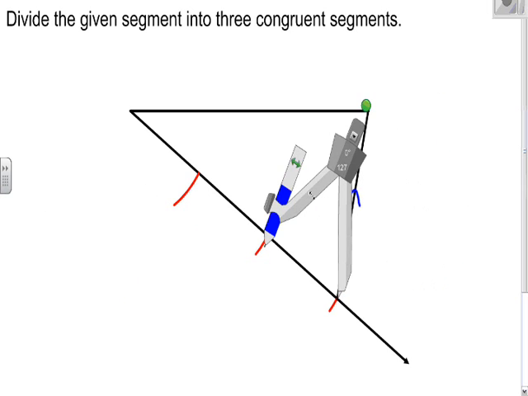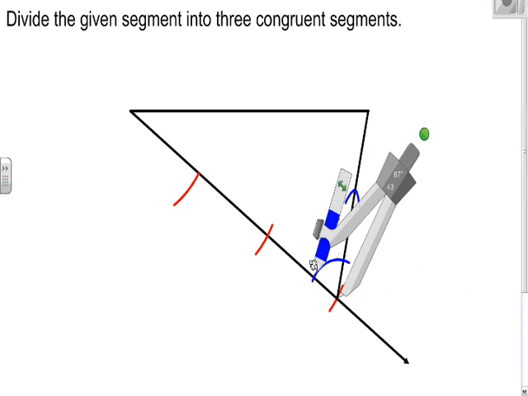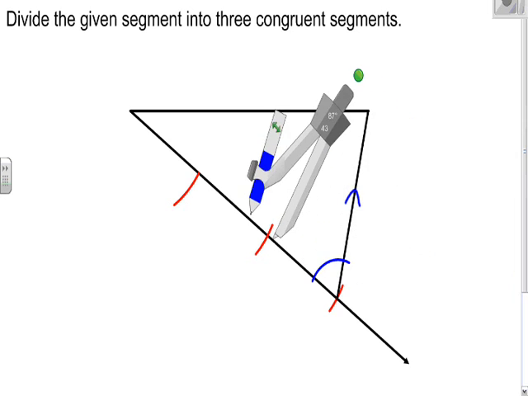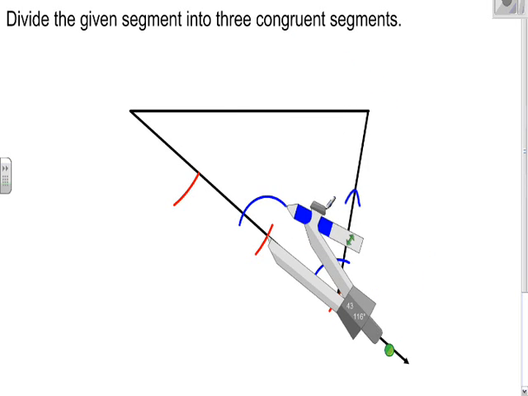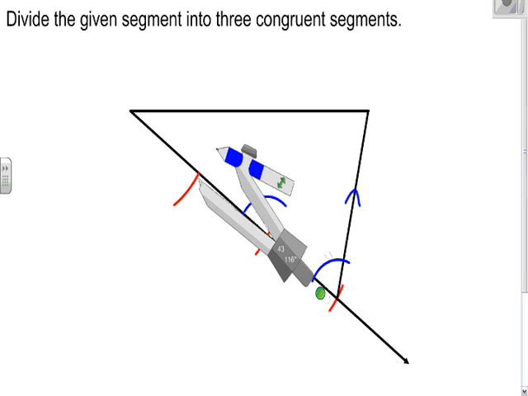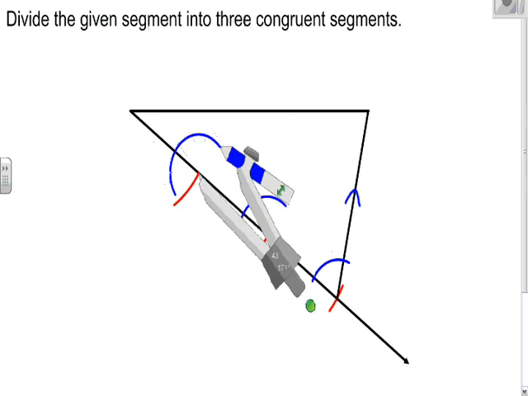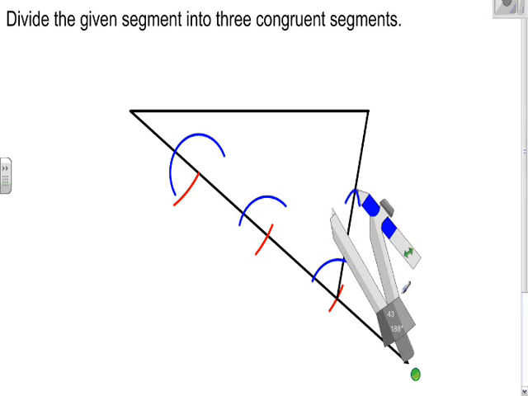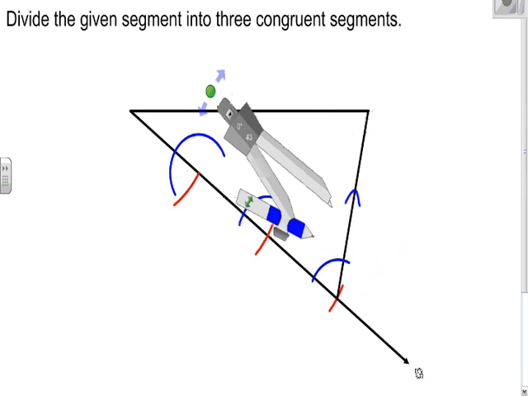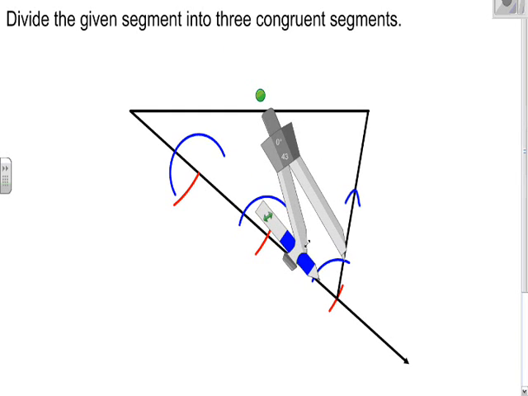Put it on the vertex, get a set length, draw an arc, do the same thing from where the other vertex will be, draw an arc. We can actually do that for our other line at the same time since we will be doing it again. Next we need to measure the length of that arc we just drew.